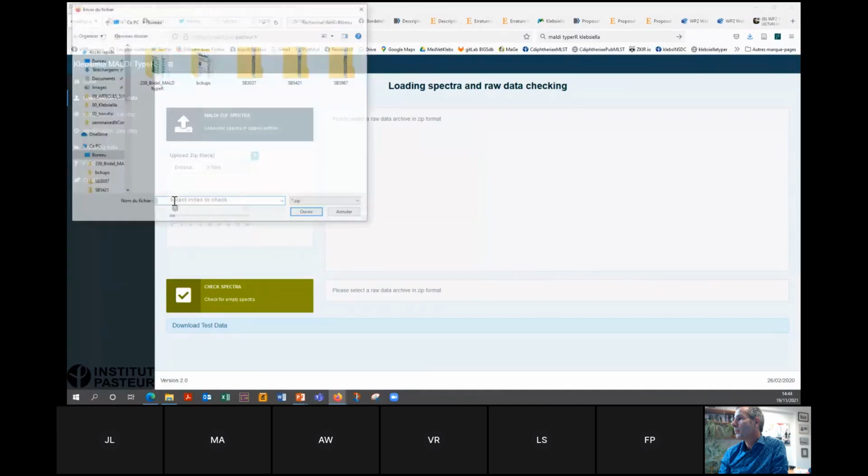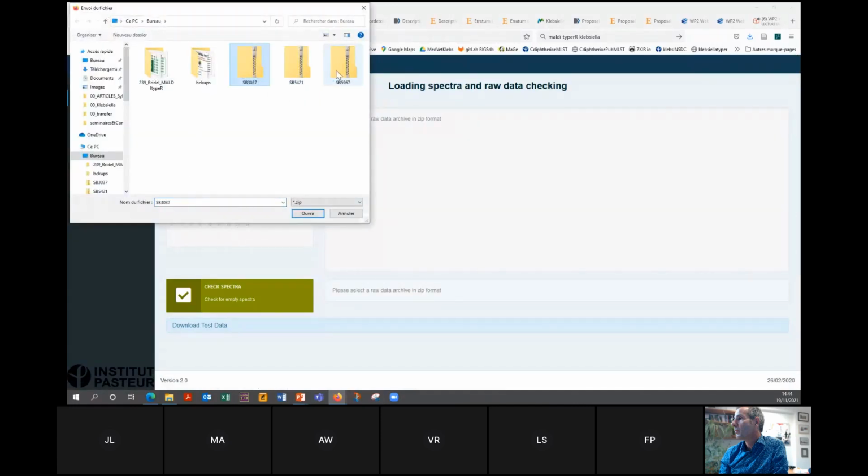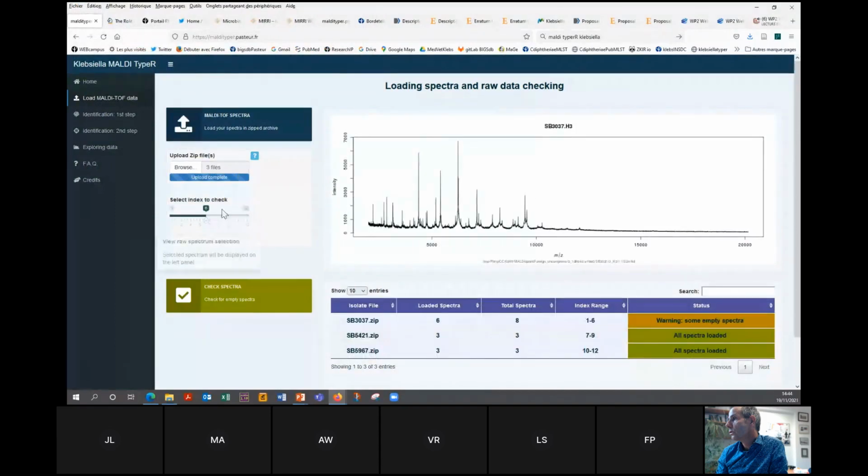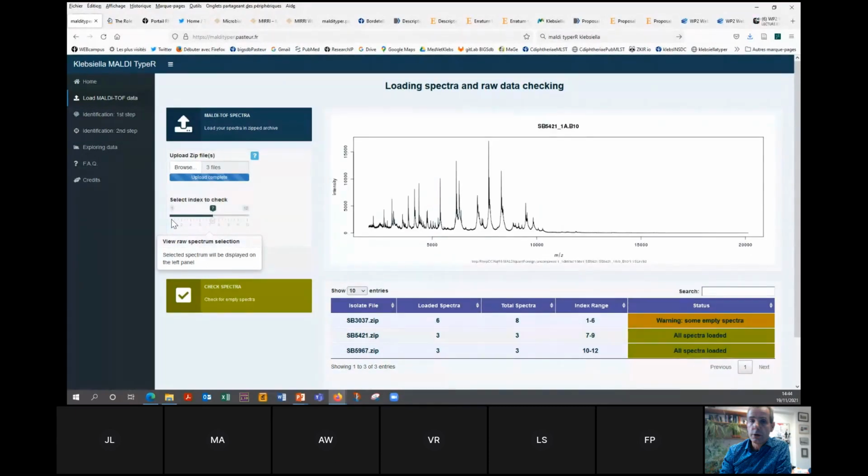So you will fetch the data by browsing. In this case, I have 3 isolates that were extracted from my Bruker apparatus. And so here you have a kind of index ruler where you can visualize any of the spectra that were just uploaded. There were only 3 files, but 12 spectra, because some of the zip files contained technical replicates, and they are pooled into a single isolate in the system.